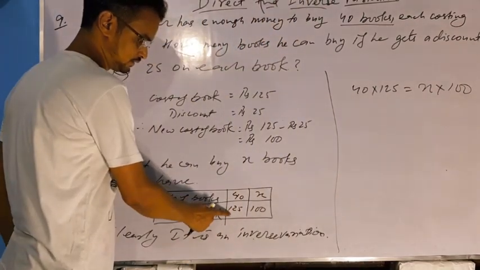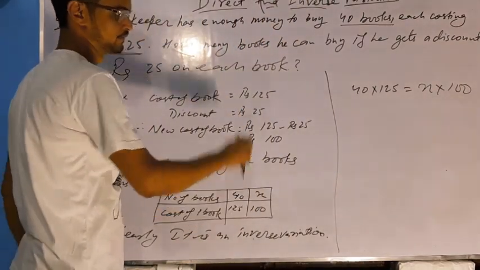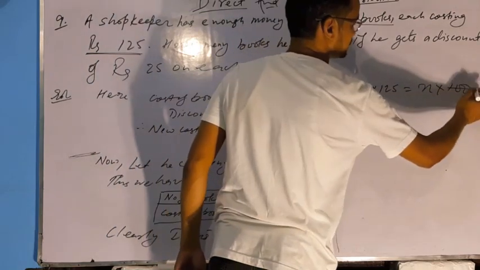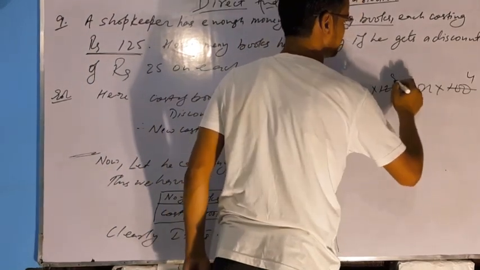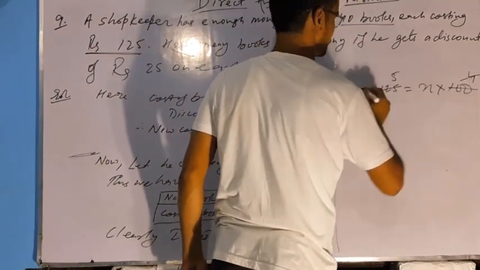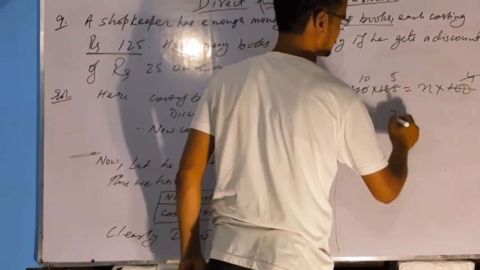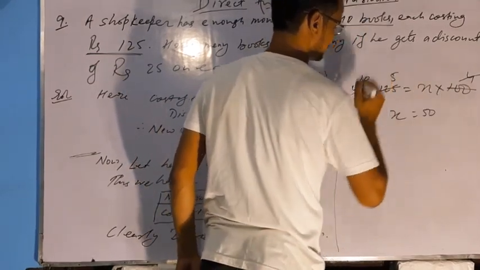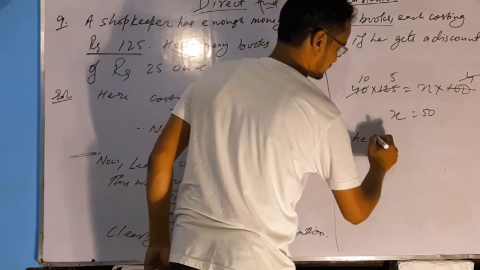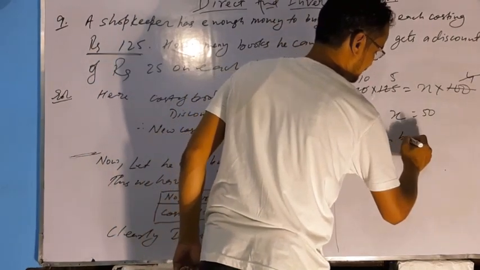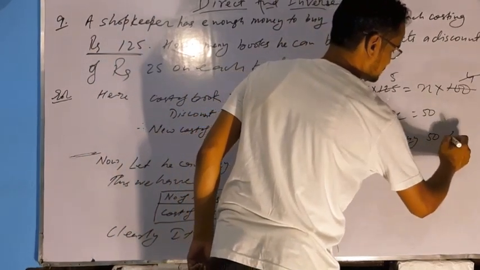Solving by cancelling with 25, 4 fives are 20, 5 fours are 20, and so x is equal to 50. Therefore, we can buy 50 books.